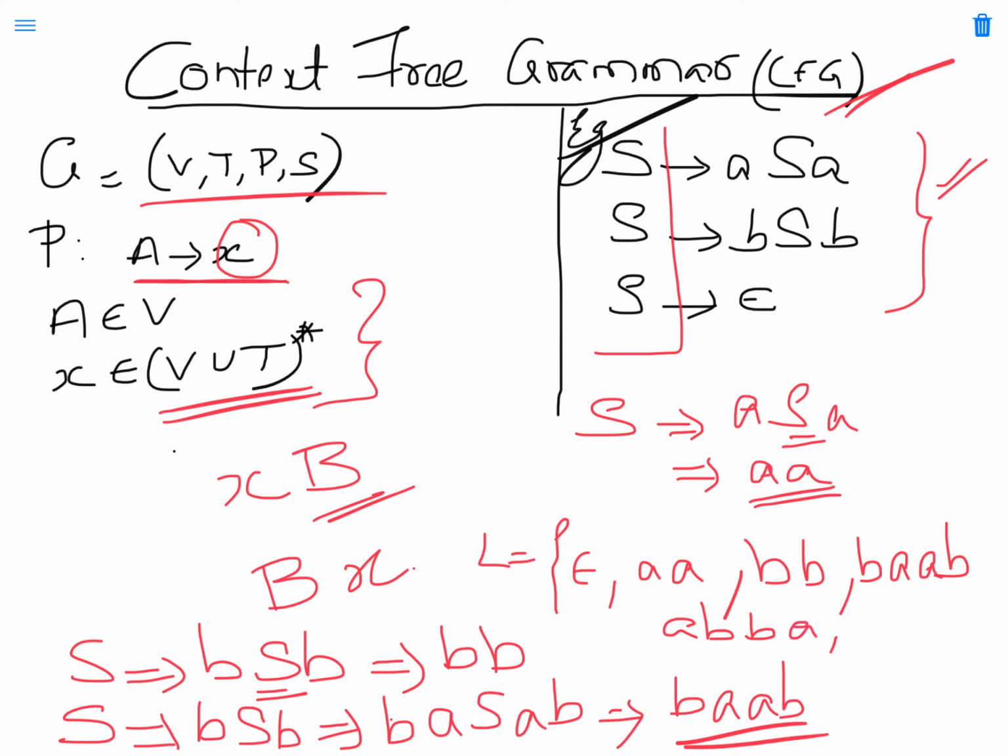So what is the common thing you can observe from this language? One is that it accepts even-length strings. Followed by that, you can see that the string read from the left as well as from the right is the same.